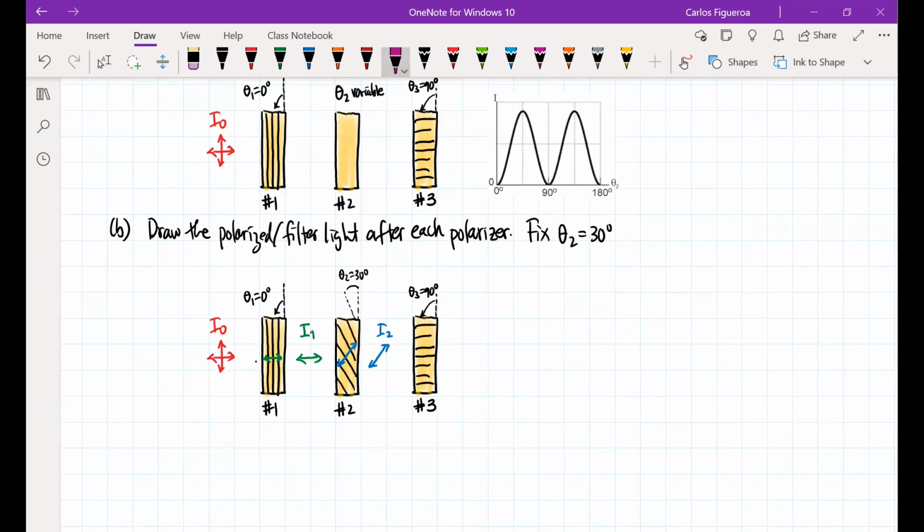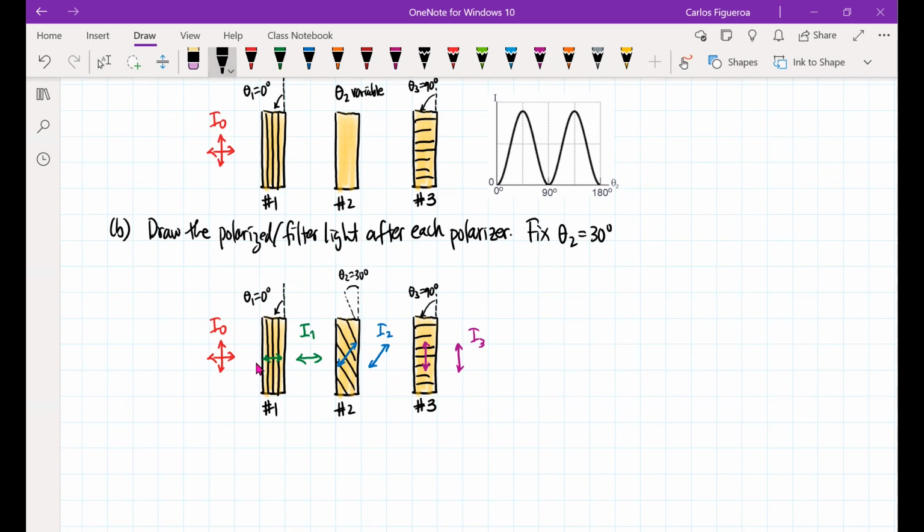And then as I come through the third polarizer, only the vertical component will survive here. So then I'm going to get light like this with some intensity I3. So each of these does not have a full intensity, and that's exactly what we're going to calculate.